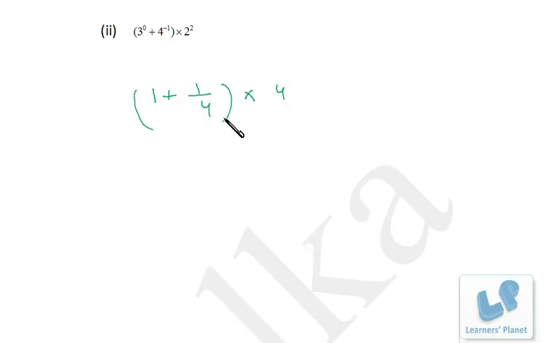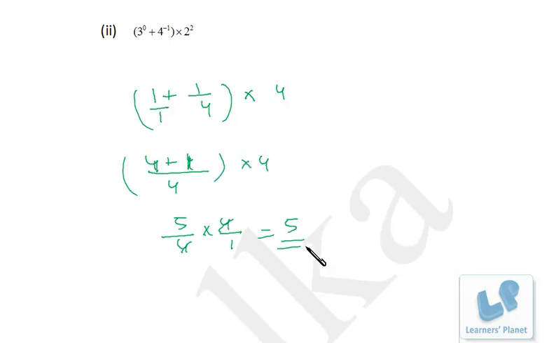But be careful about this bracket, right? This number 4 will be multiplied by this and this, both of them as well, right? Do not make any mistake. So 1 plus 1 by 4 is what? Take LCM, 4. So 4 plus 1 into 4. So it's 5 by 4 into 4 by 1. So it is 5. Okay.